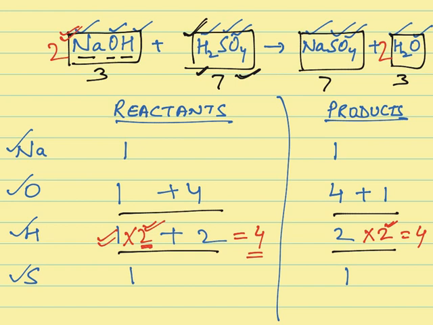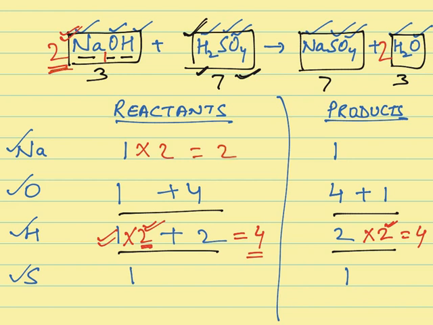Once we write these 2's outside the respective boxes, it means that every element inside these boxes has to be multiplied by 2. So this 2 into 1 atom of sodium becomes 2.